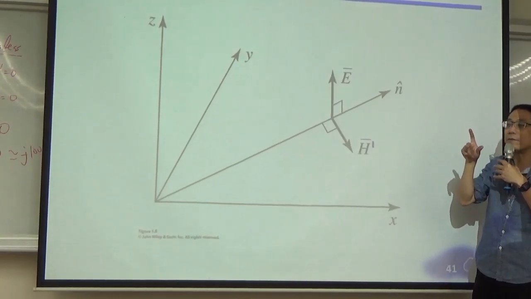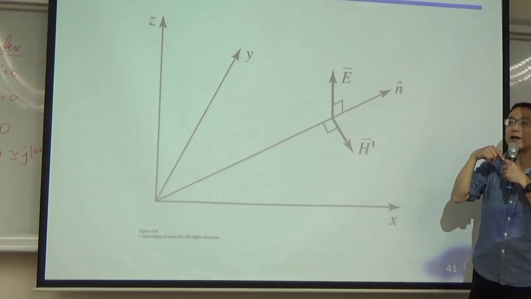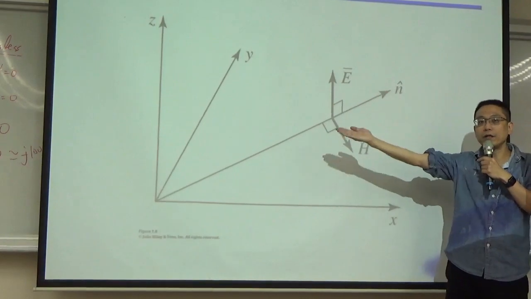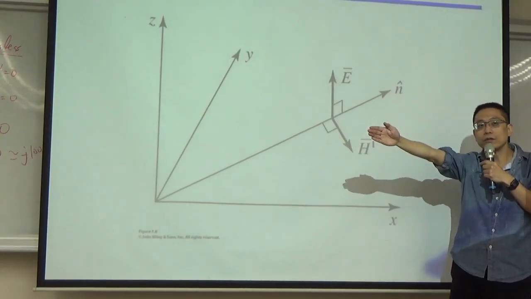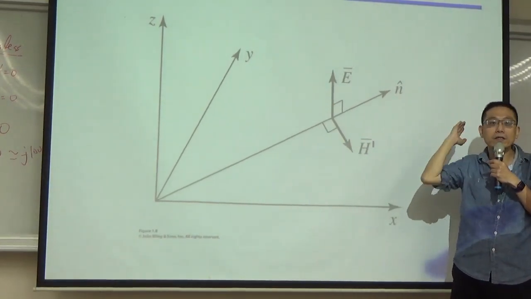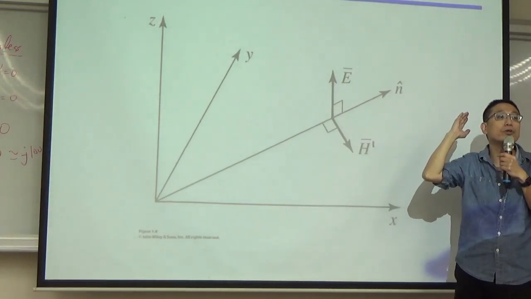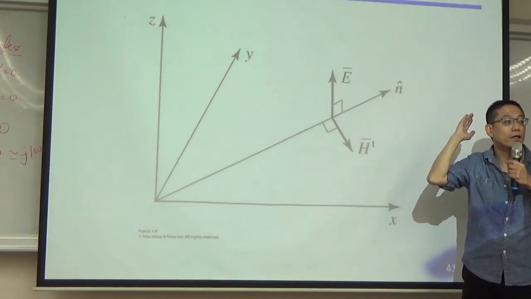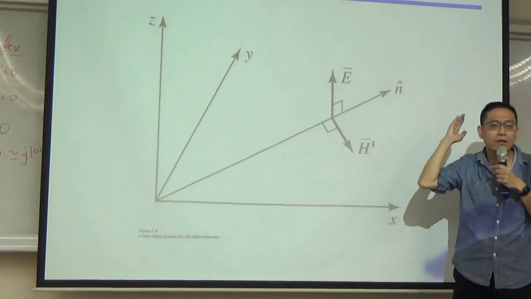Maybe it has x, y, z, but with a degree to each unit vector. Can you guys understand?